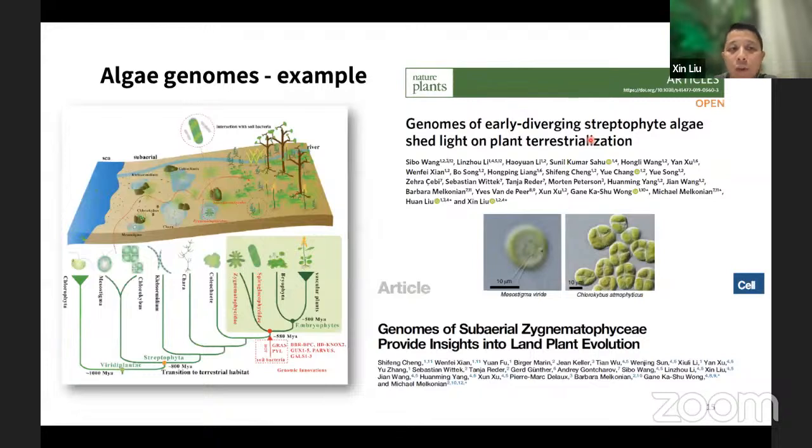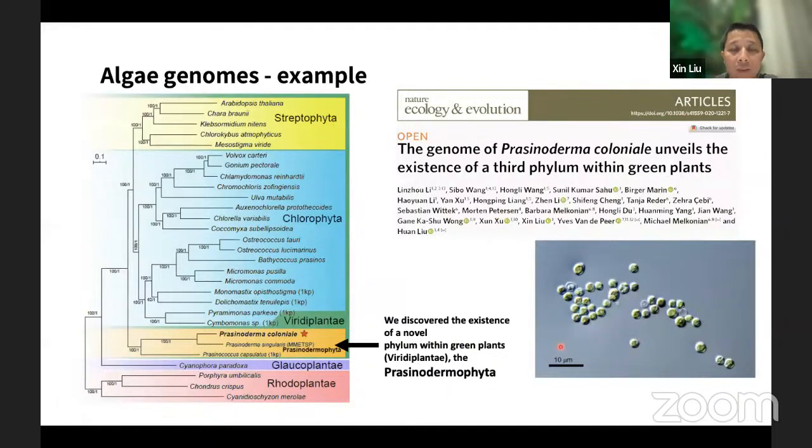We have examples of algae genomes to be published, like those two examples showing different algae genomes. We analyzed them further to resolve some of the problems we mentioned in the previous slide. And again, some more algae genome examples.